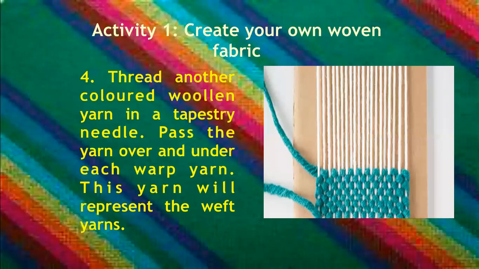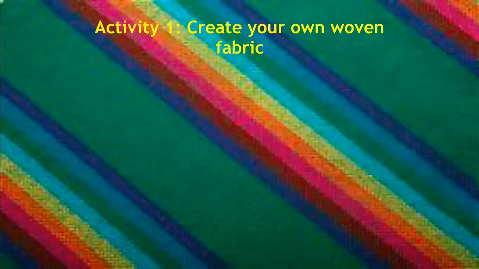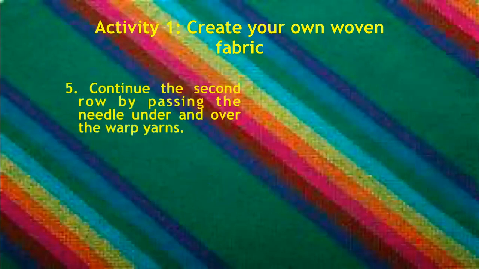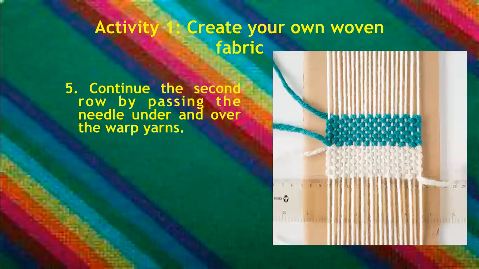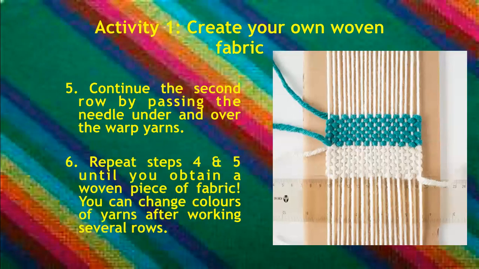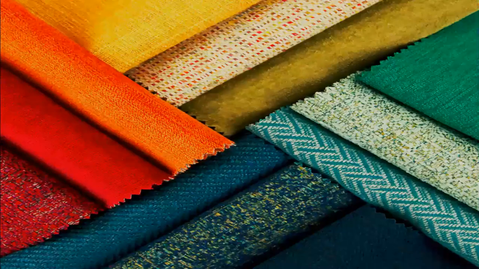This yarn will represent the weft yarns. Continue the second row by passing the needle under and over the warp yarns. Repeat steps 4 and 5 until you obtain a woven piece of fabric. You can change colors of yarns after working several rows.